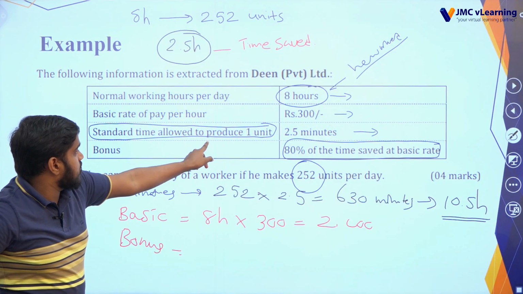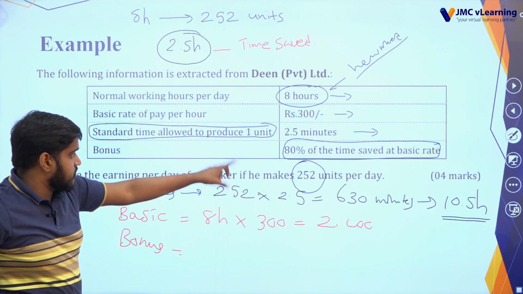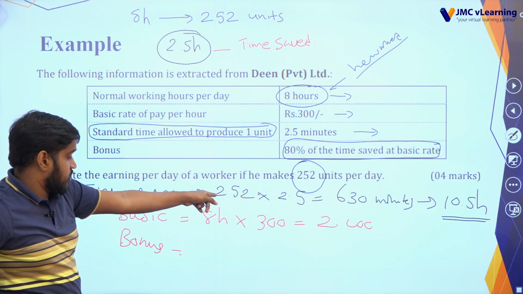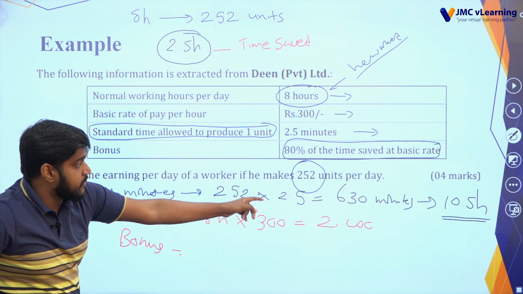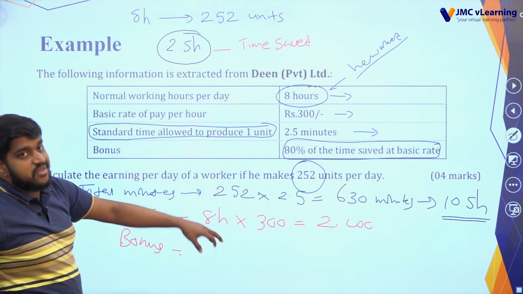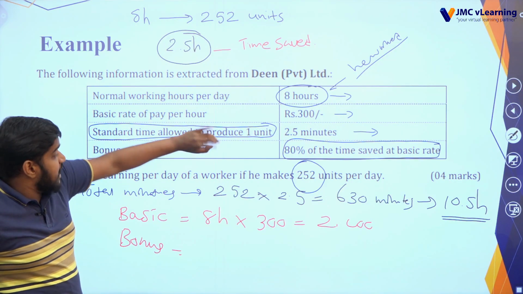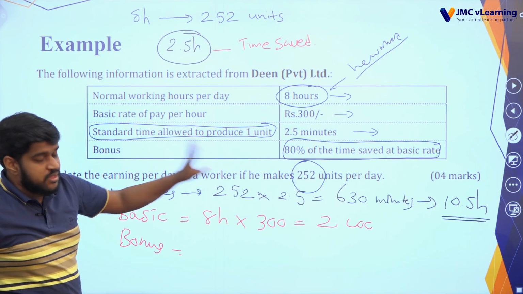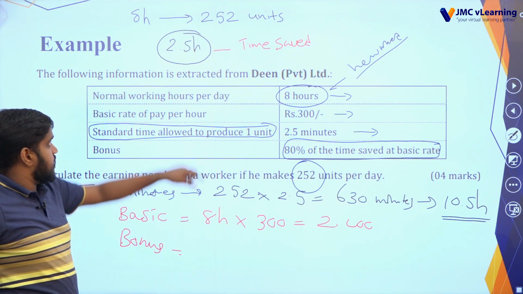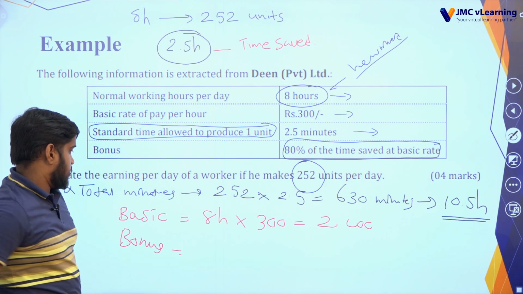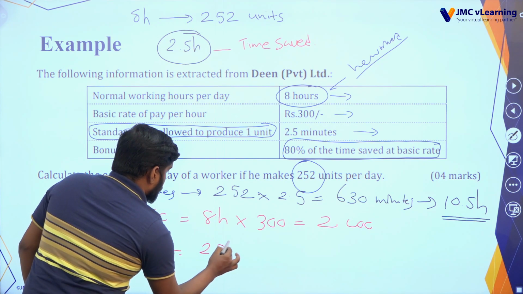The standard time allocated to produce 1 unit is 2.5 minutes. Multiplying by 250 units, we need 630 minutes, which is 10.5 hours. But this employee only spent 8 hours, so he saved 2.5 hours.